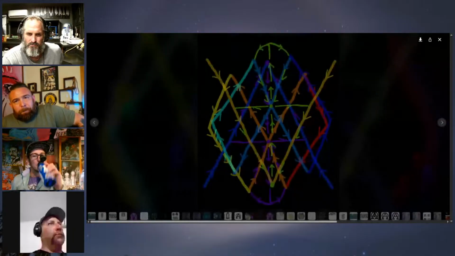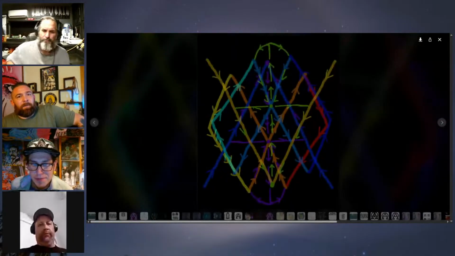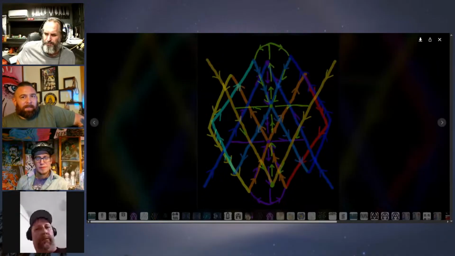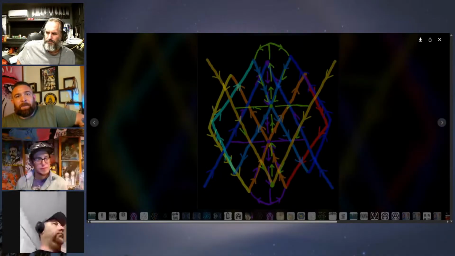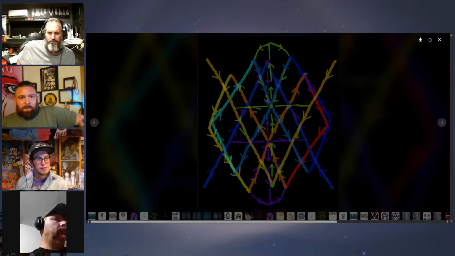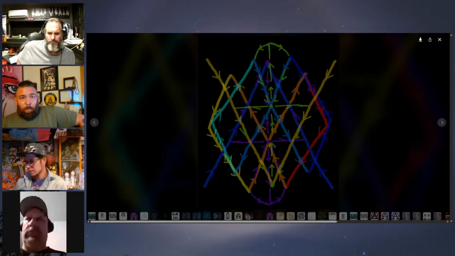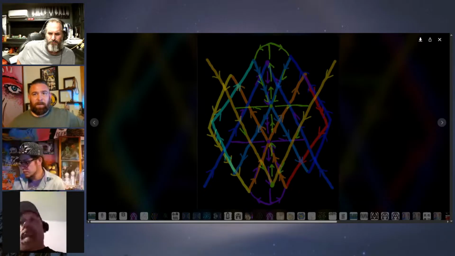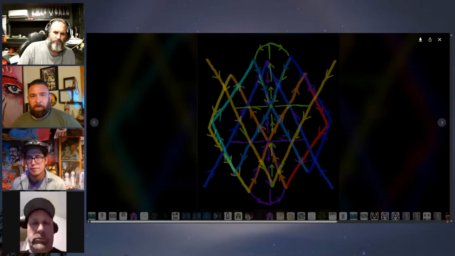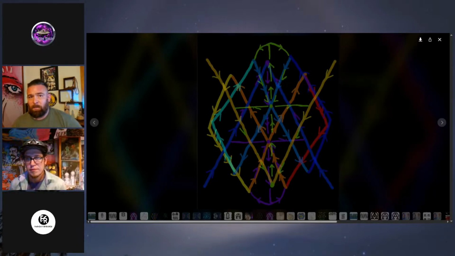Okay. All right. So what I did here, so you understand, is it's the same thing with the Ankh, except I made the colors relevant to what it is doing. So for instance, 1, 2, 4 is red. Then the 4 to 8 is orange.